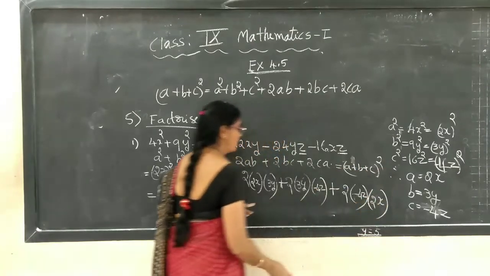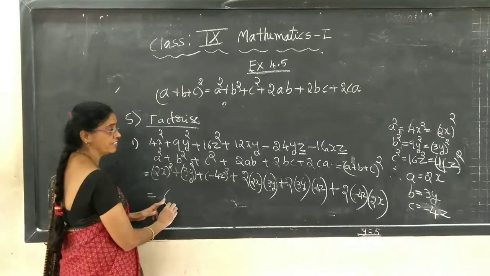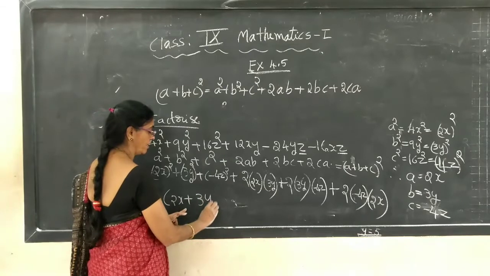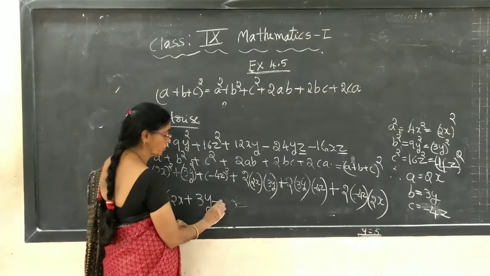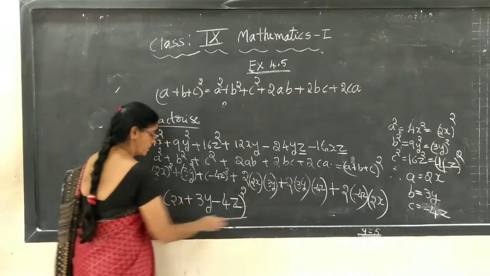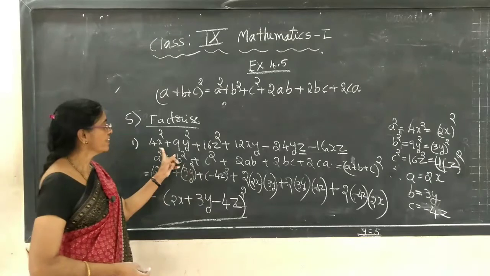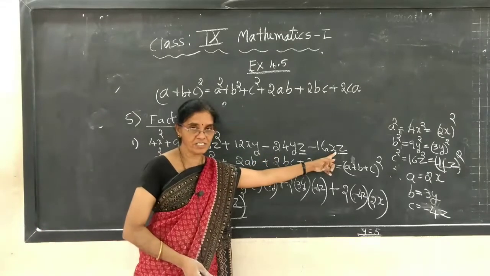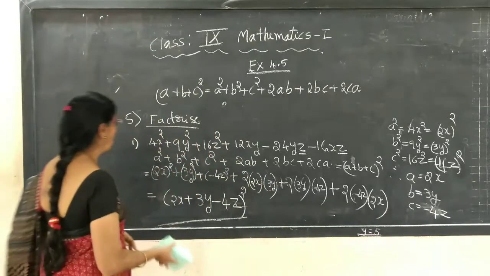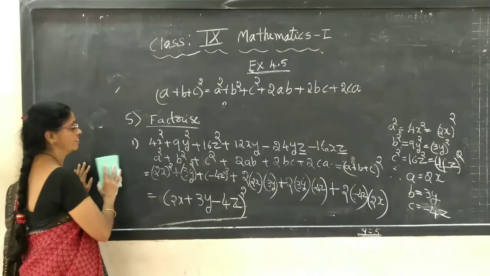I will write it here. a is 2x, plus b is 3y, c is minus, so I will write minus 4z, whole square. These are the factors of this expression. If you square it and expand it, you will get this answer once again. Any doubt, children? Understood? Okay.